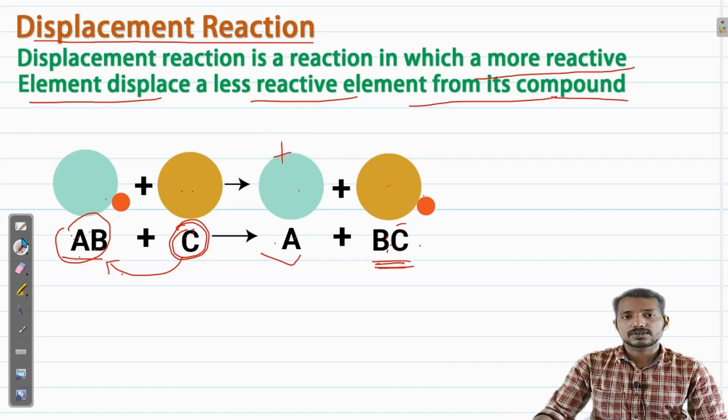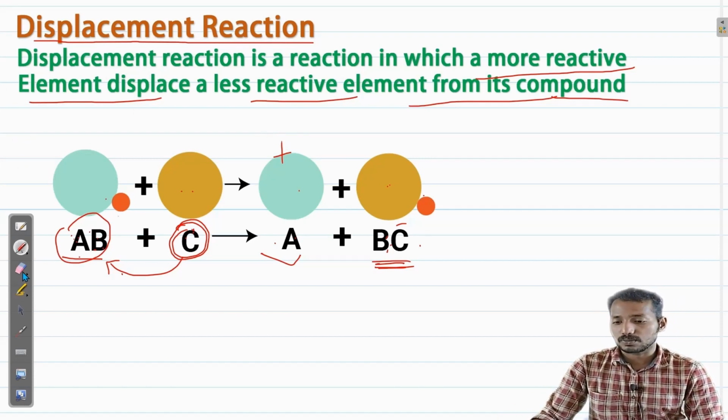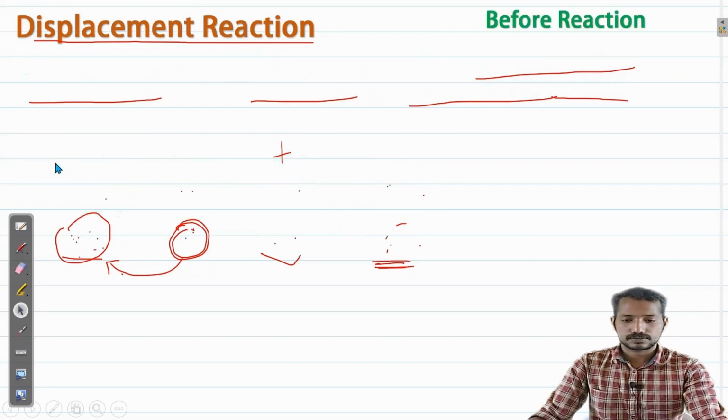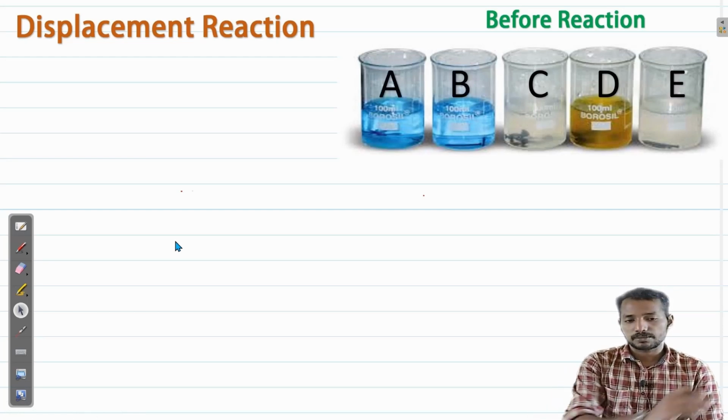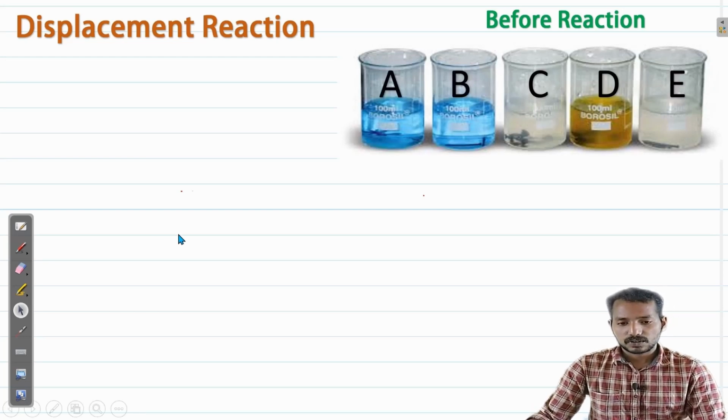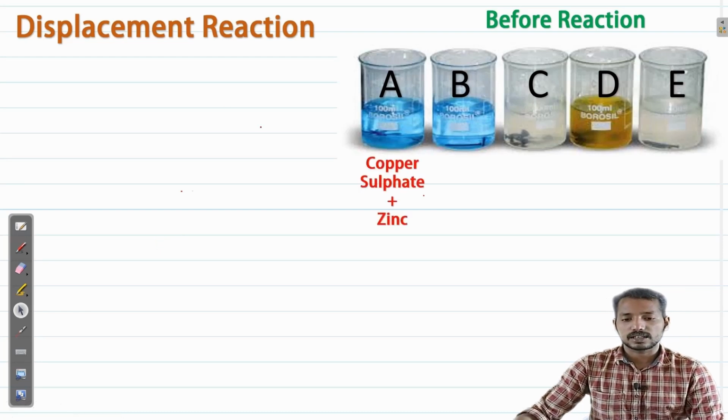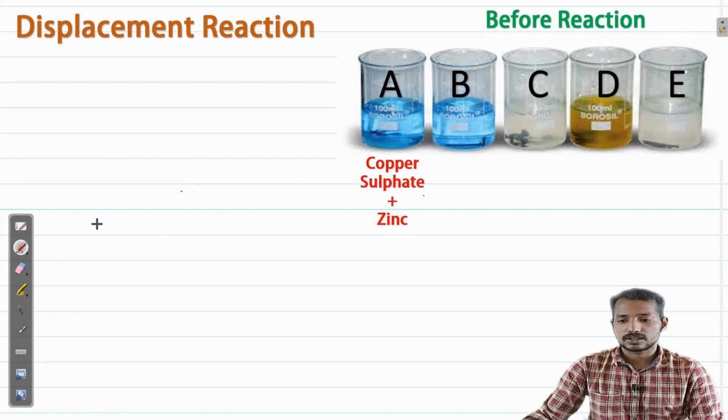Let's discuss activity 4.8 to understand displacement reaction in detail. We have taken 4 beakers, and labelled them A, B, C, D. Taking the first beaker, we have taken copper sulfate and zinc.